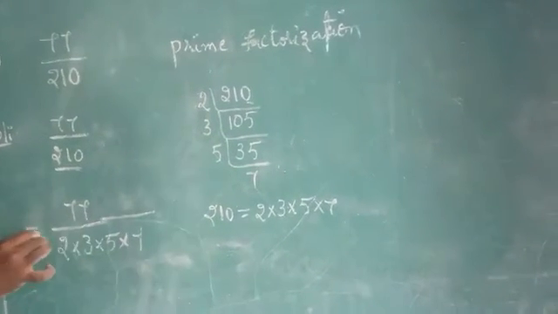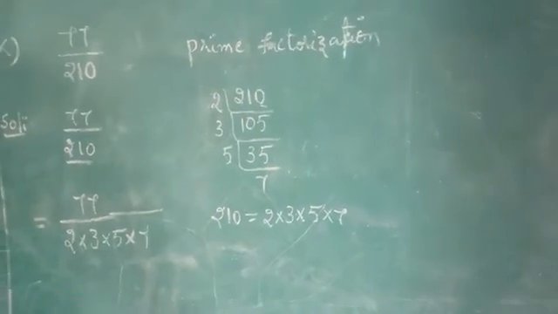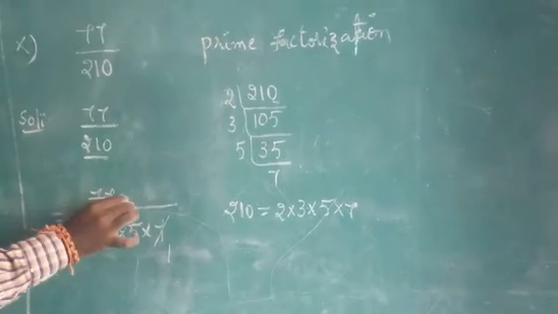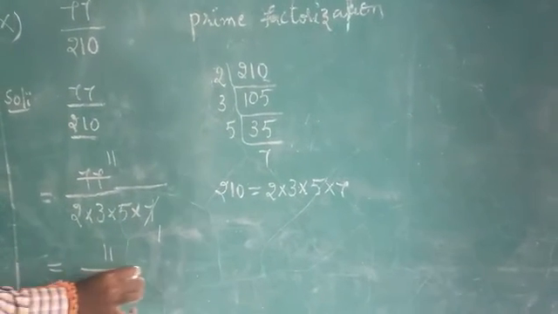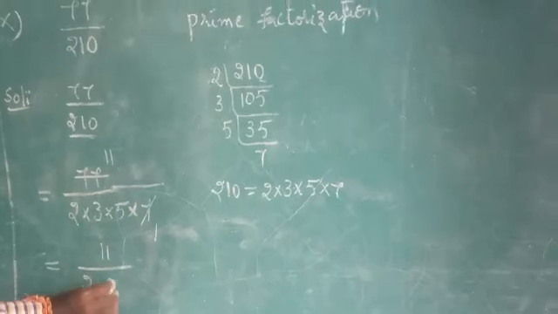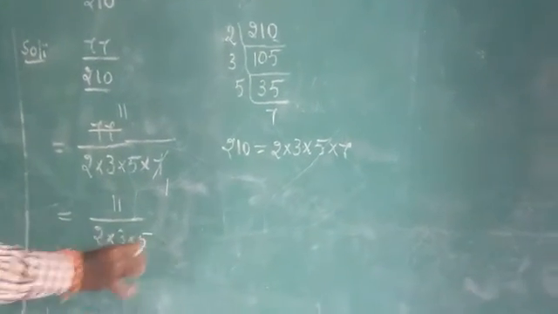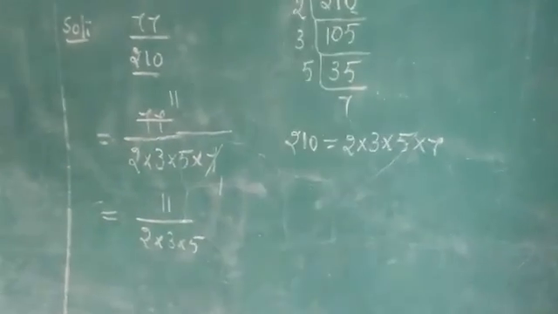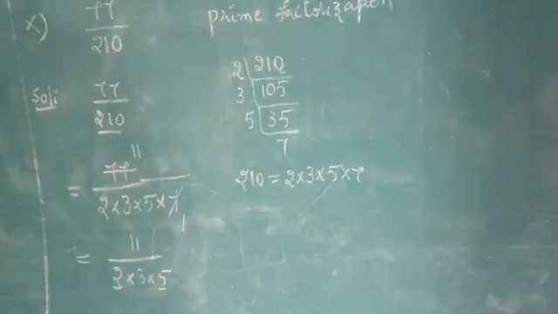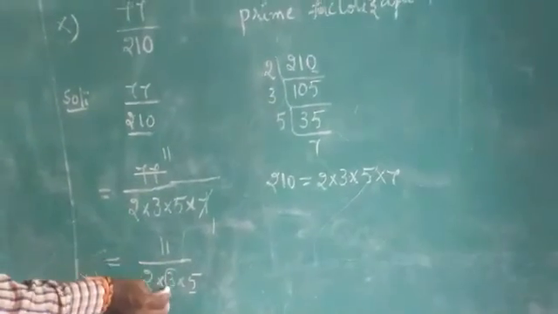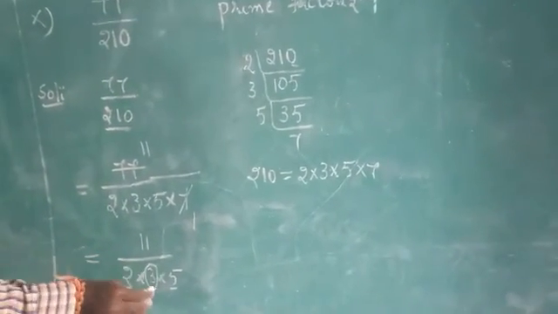If cancellation is possible, you can cancel also. 7 ones are 7, 7 11s are 77. Again, is cancellation possible? It's not possible. So 11 by 2 into 3 into 5. I told you in the previous class, in the denominator it should be 2 or 5, 2 to the power of n, 5 to the power of n. But here you have one more extra factor, 3.